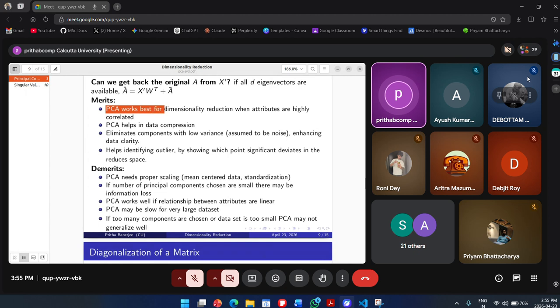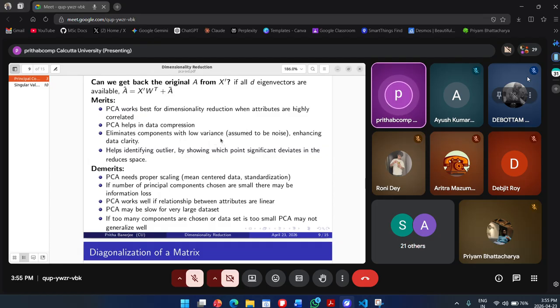So the merits: PCA works best for dimensionality reduction when attributes are highly correlated. PCA obviously helps in data compression. Then it eliminates components with low variance.